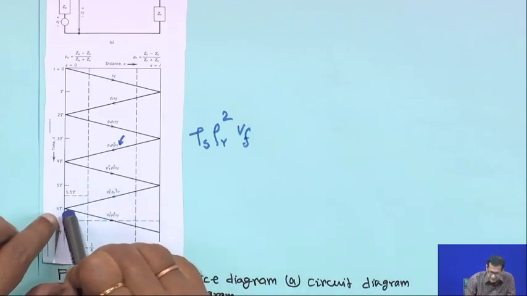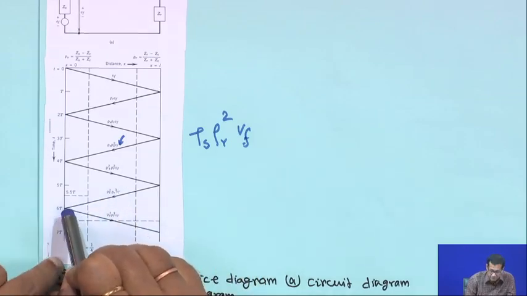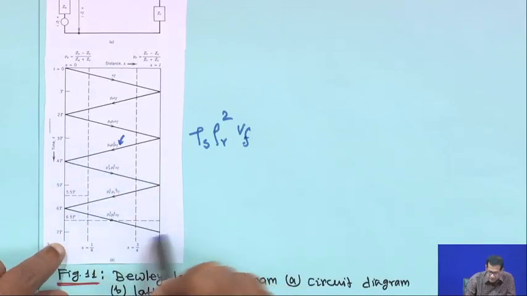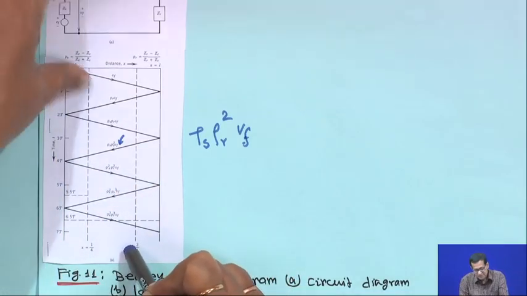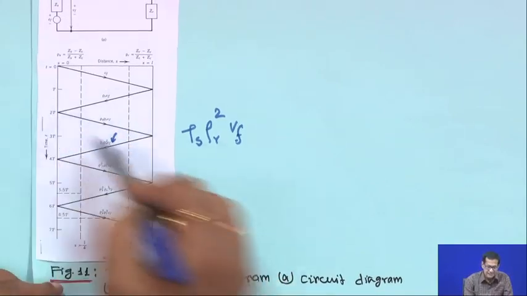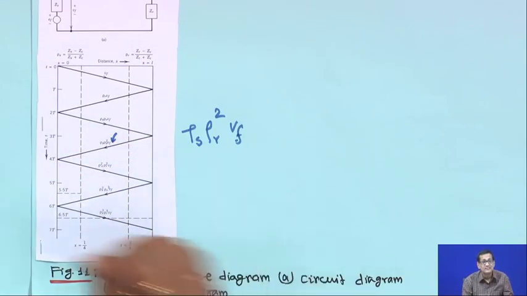When it comes back to the sending end and is multiplied by rho s, it will be rho s cube rho r cube into V f, and so on. That way the lattice diagram can be constructed.